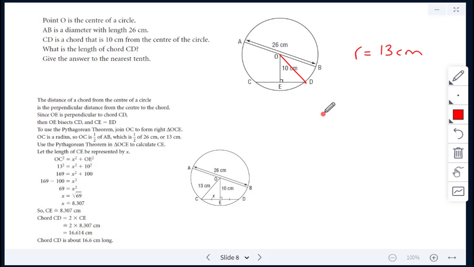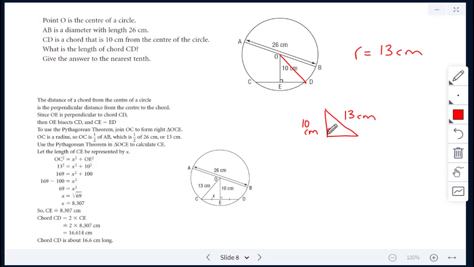So basically, we have a small triangle now, like so. We know this is 13 centimeters, and we know this is 10 centimeters. All right, so using Pythagorean theorem, we can figure out E to D, and then double that to figure out C to D. All right, so that's exactly what they've done here using the Pythagorean theorem.